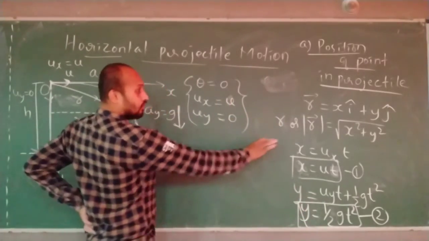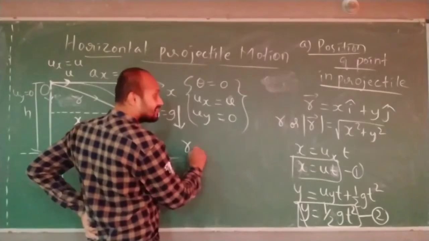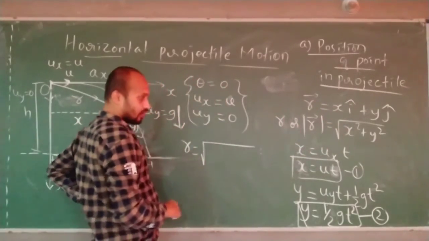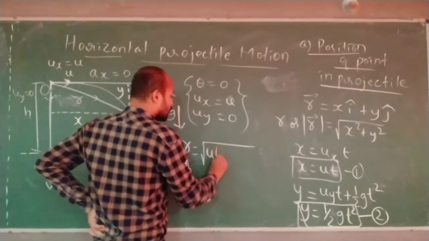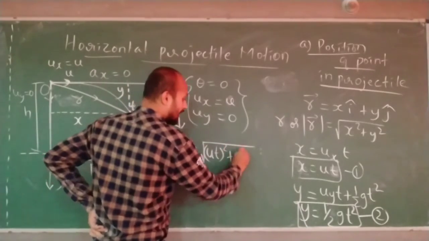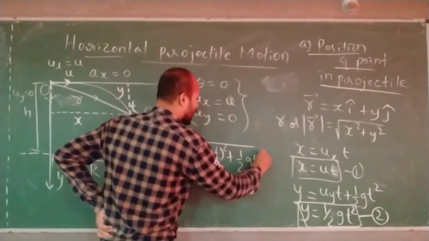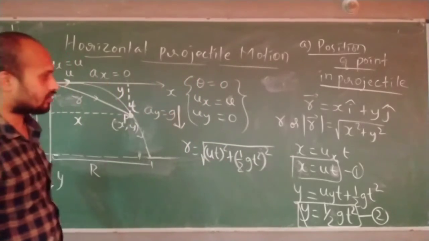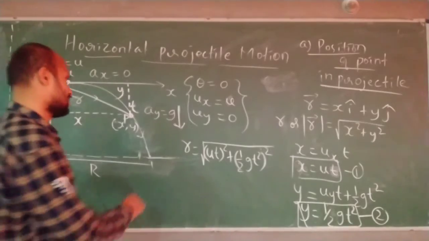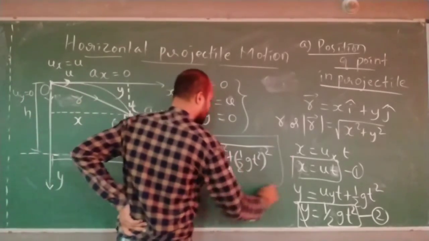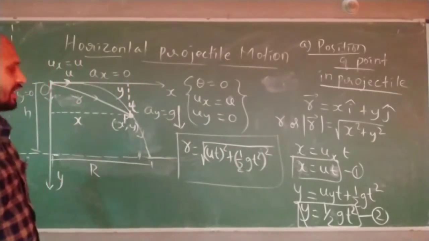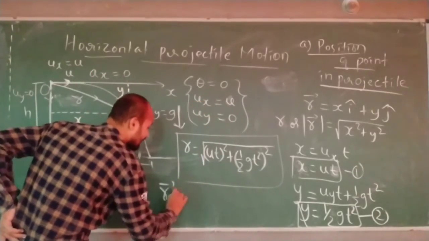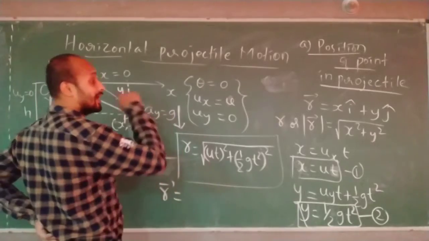So see here, what can I write? r is equal to root of x square plus y square, that is, root of (ut) whole square plus (half g t square) whole square. This is the position. You can take certain common things, and the position vector can be written as follows.